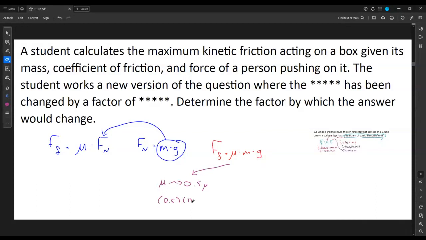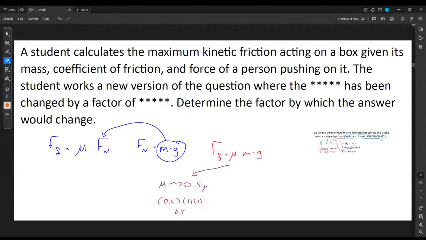Then the new mass compared to the old mass would have a ratio of 1. New gravity compared to old gravity has a ratio of 1. And so from this, we get just 0.5. Now, I'm hoping that you can see the placement of these variables and see that nothing super fancy is going on and guess on your own what the rest of these are going to do. But I'm going to work through the answers just to show specifically.